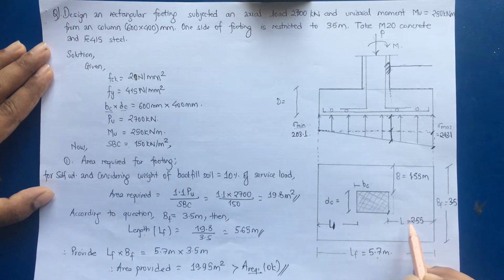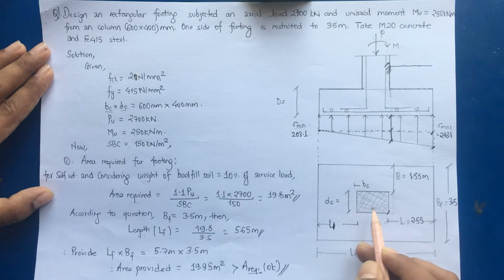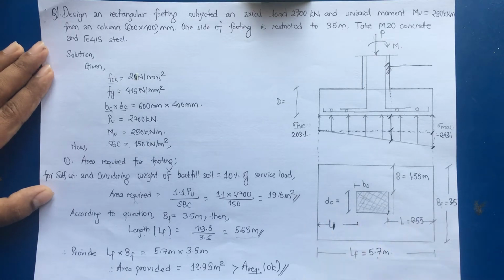So l is equal to nothing but the length of the footing minus the width of the column, that is the longer side of the column, divided by 2, then we will get the length of the overhang. Similarly in the case of width, we will have b equal to Bf minus Dc divided by 2, considering that this portion and this portion are equal. Similarly this portion and this portion are equal.